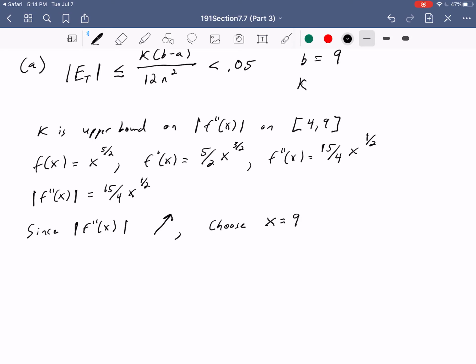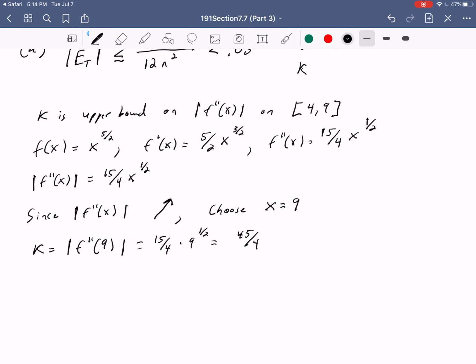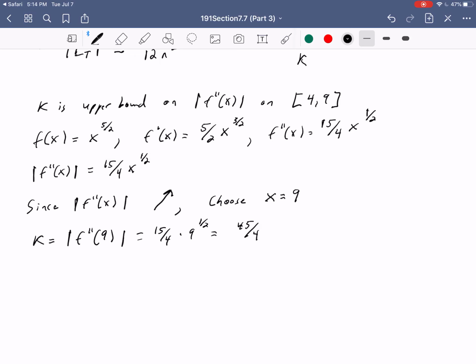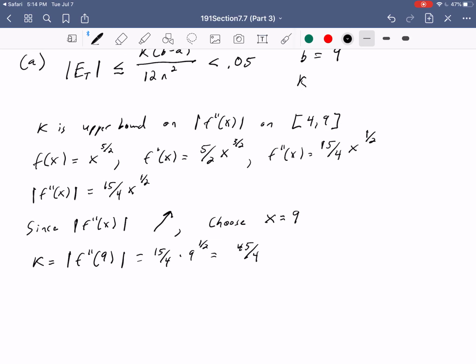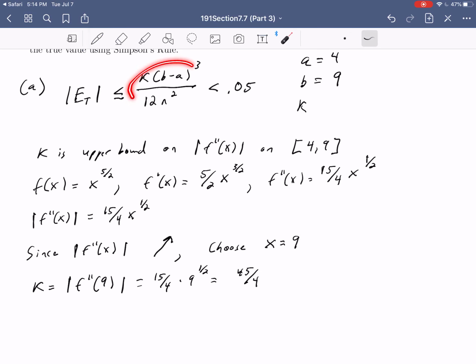So we'll plug that in. We'll get k is going to be the absolute value of f double prime at 9, which is 15 over 4 times 9 to the 1/2. 9 to the 1/2 is 3, so we get 45 over 4. So if we pop all that in, taking this down here, remember this is what we want to focus on, this side here.